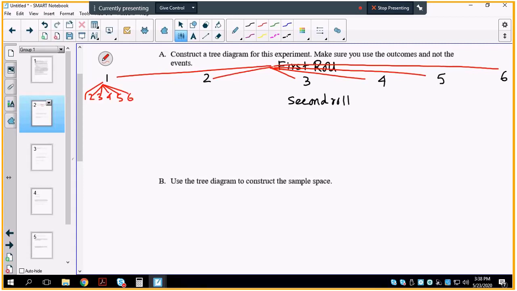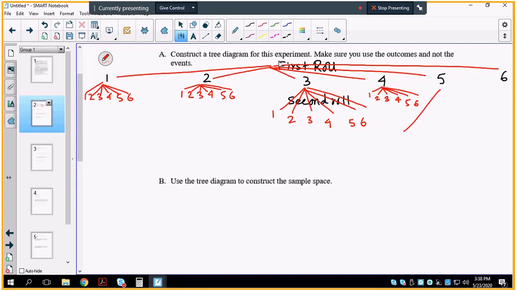This process is going to help us write down the sample space faster. So similarly, you can get 1, 2, 3, 4, 5, or 6. So that's what it is going to look like. For 3, the same thing: you can get 1, 2, 3, 4, 5, or 6. For 4, I can get 1, 2, 3, 4, 5, or 6.